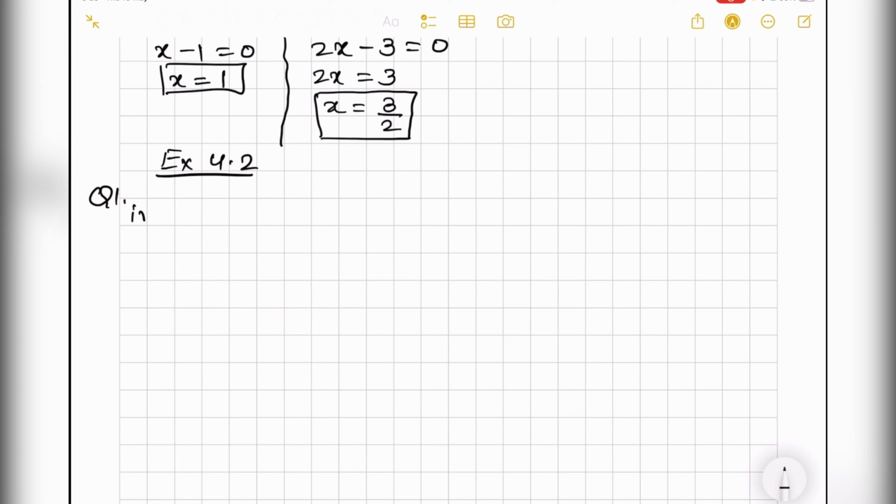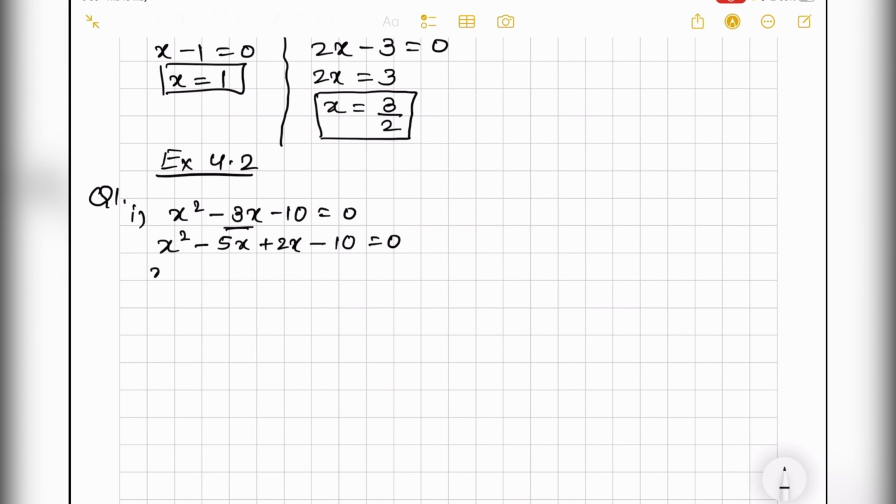So the first one is x square minus 3x minus 10 equal to 0. If I consider here, A and C are 1 and minus 10. So the product will be 10. I have to make factors of 10 such that the sum is minus 3. So can I say 5 and 2? I am doing that only. As here it is minus, the bigger term will be minus. So x square minus 5x plus 2x minus 10 equal to 0.